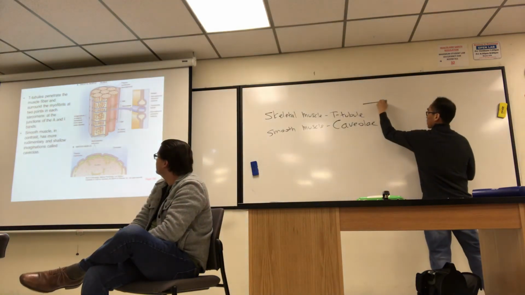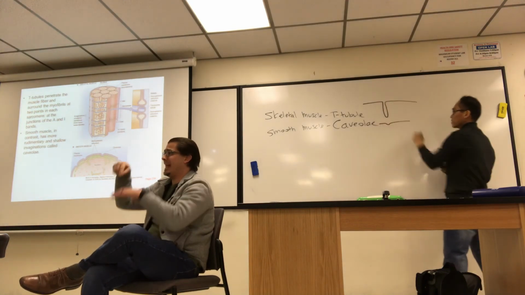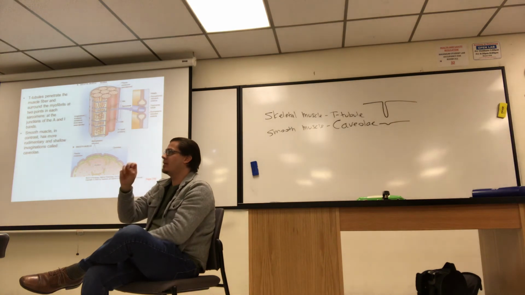T-tubule is like a deep indentation. Caveolae is just kind of doesn't go as deep.